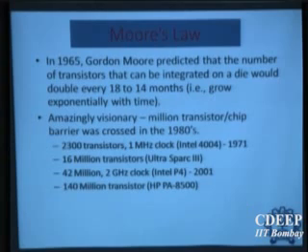Back in 1965 he made a prediction, and that's the very famous law called Moore's law. He predicted that the number of transistors you could put on a single chip would grow exponentially, or as he said, every year the component density will double.